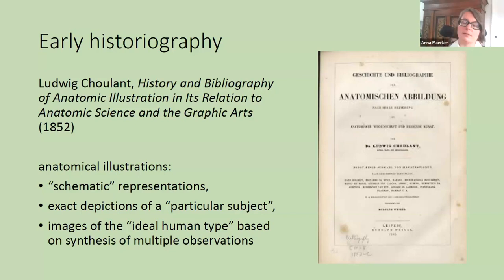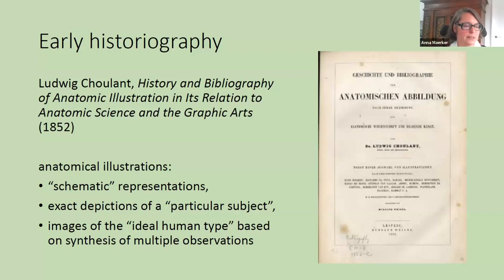Choulant suggested that just the latter was suitable for teaching purposes, and required not just numerous observations based on dissection, but also what he called an ardent artistic vision, which would amalgamate specific observations into this composite image of the ideal type.